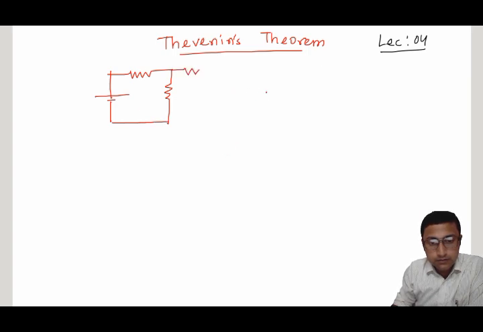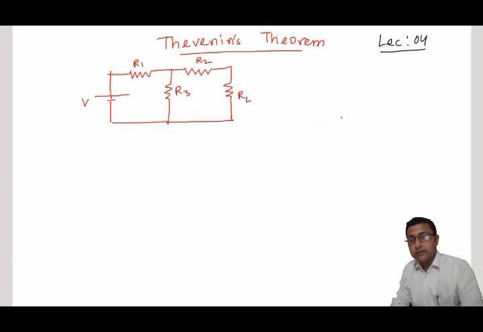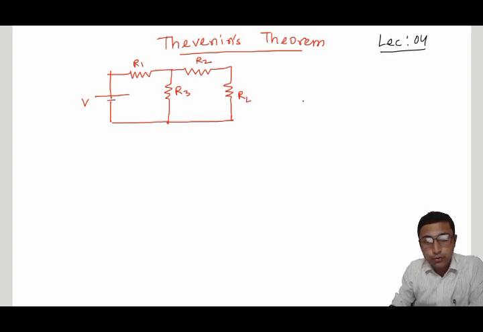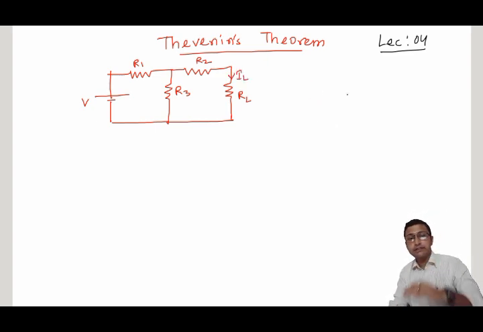This is your simple circuit. This is the supply voltage V, with R1, R2, R3, and this resistance is the load resistance, through which we have to measure the current, that is IL, using Thevenin's theorem.